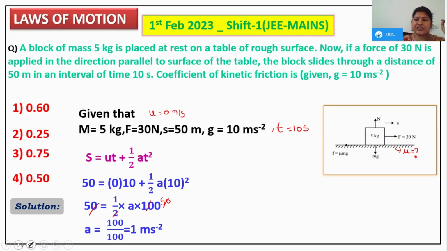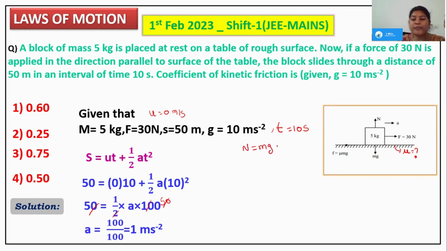This is the acceleration. Now, along the vertical direction there is no displacement in the body. So along the vertical direction, applying Newton's laws in equilibrium condition, upward acting is the normal reaction, and downward acting is mg. That means N balances mg.